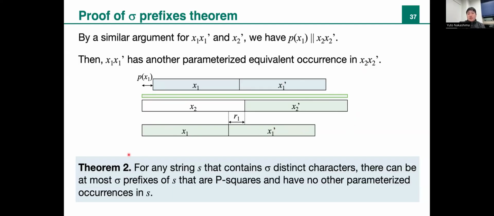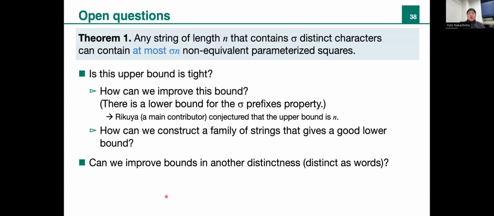So then we can get our main lemma. Recall that for any string S that contains sigma distinct characters, there can be at most sigma prefixes of S that are parameterized squares and have no other parameterized occurrence in S. We conclude this talk with several open questions.